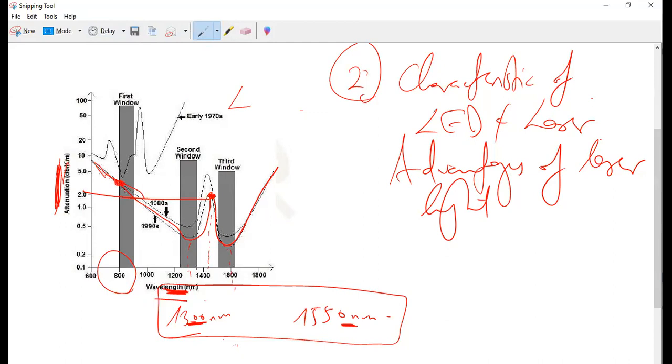Another light has a wavelength of 1.55, which means loss is small. That is an advantage. Obviously, there are more advantages and characteristics, but one of the characteristics of those two is their wavelengths: 850, I think, for LED light, and for laser light, between 1.3 and 1.5. That is it for that diagram.